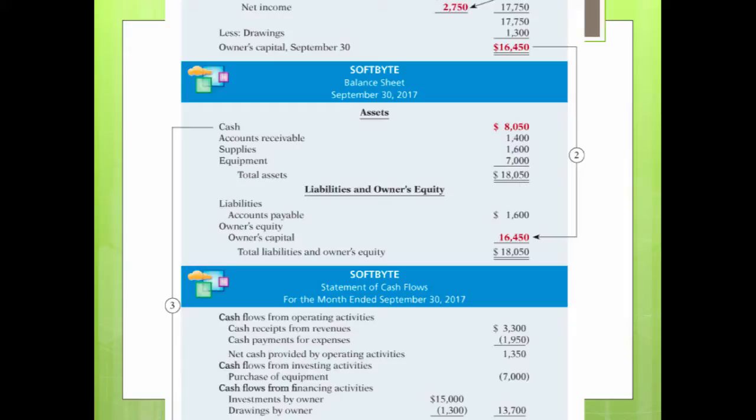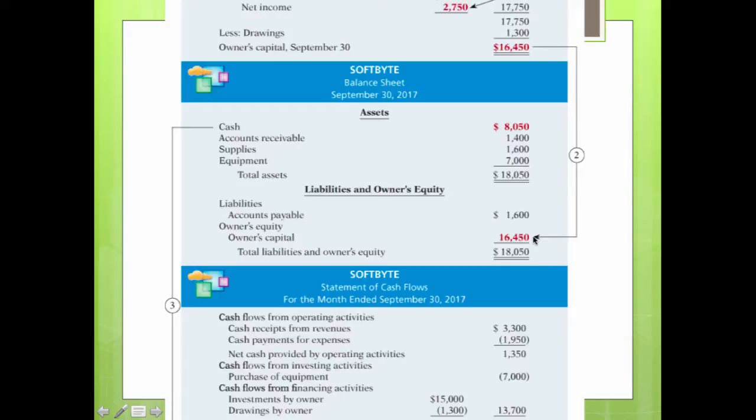Then we move on to liabilities and owner's equity. We record any accounts under liabilities. In this case, it's accounts payable. And then we bring down the balance for owner's capital, which was determined under the owner's equity statement.